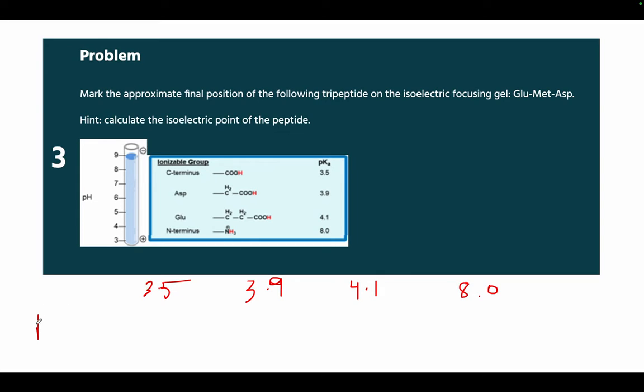If I consider the pH to be 3, what will be the charge on this peptide? This C terminus is still not ionized, so this will be 0, this will be 0, this will be 0, but this will be plus 1. This will be NH3 plus. So at pH 3 it will have charge plus 1.